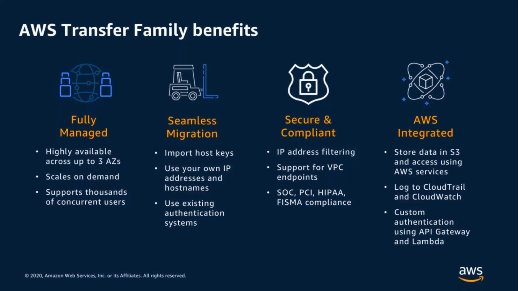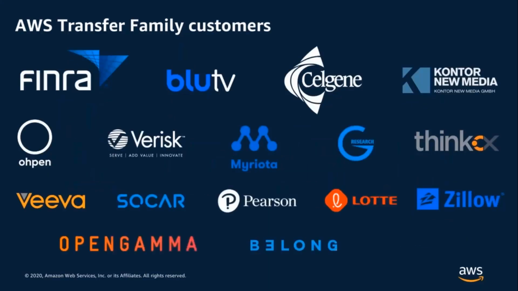The other thing is you get access to auditing and logging via Amazon CloudTrail and CloudWatch, so that any API call, whether it's the service API call or S3 API call, all of that can be accessed within CloudTrail and CloudWatch. Here are some examples of some of the customers who have been successful in migrating to the service.